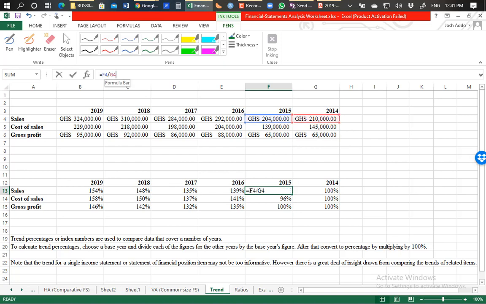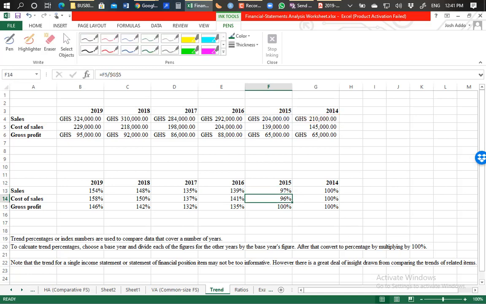Then Excel can be intelligent. See this formula. Let me click in the formula bar. It understands that this is 2015 divided by 2014. So when I drag, it will move all the cells by one cell to the left when I drag to the left.